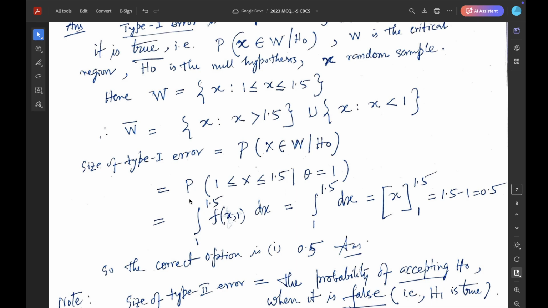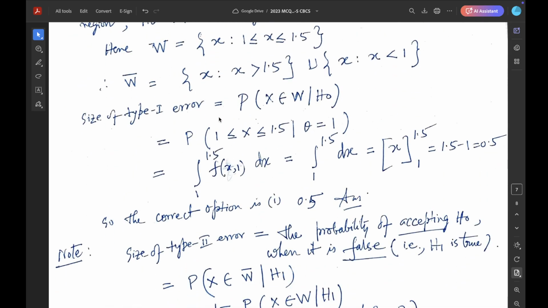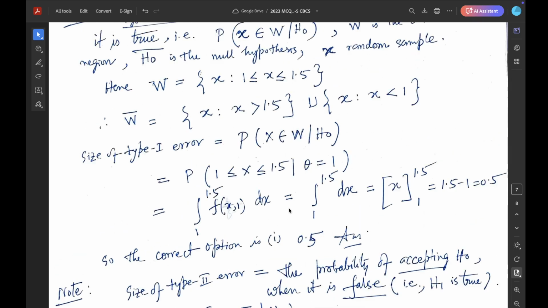Now the limits are 1 to 1.5, so integration from 1 to 1.5 of f(x, theta), here theta equal to 1, and f(x) equals 1 by theta, so f(x) equals 1. So the integral of dx from 1 to 1.5 gives 0.5, so the correct option is 1, 0.5.